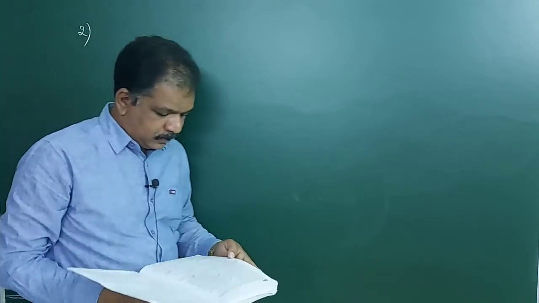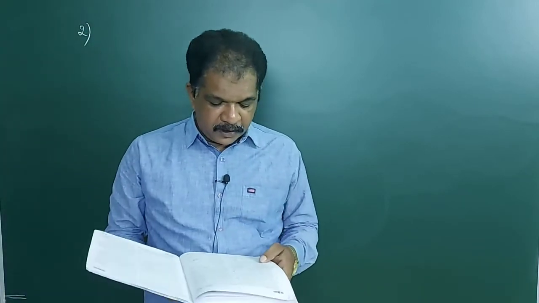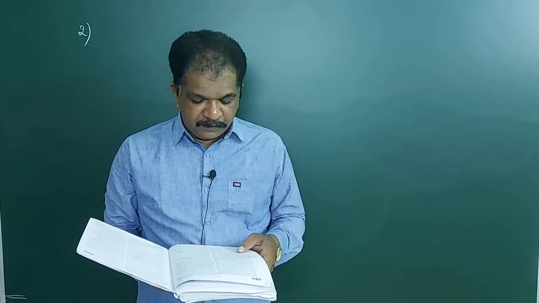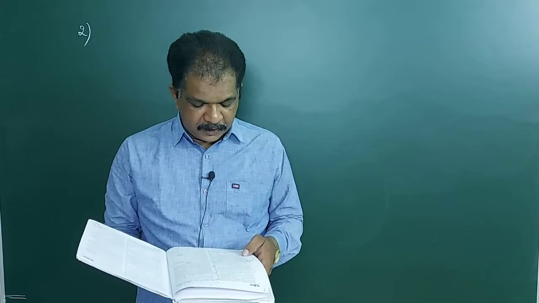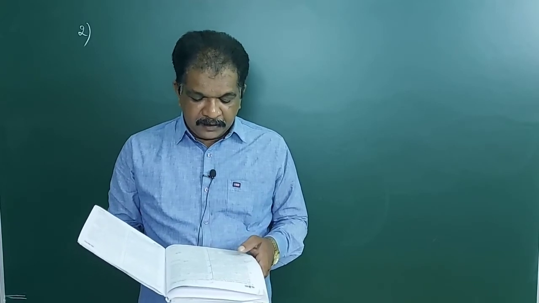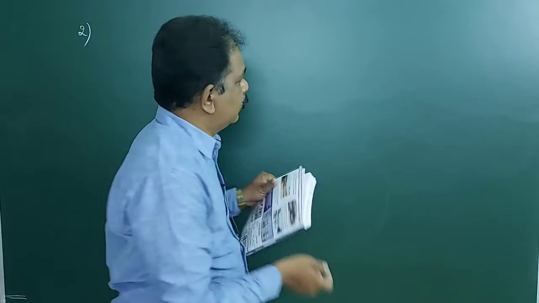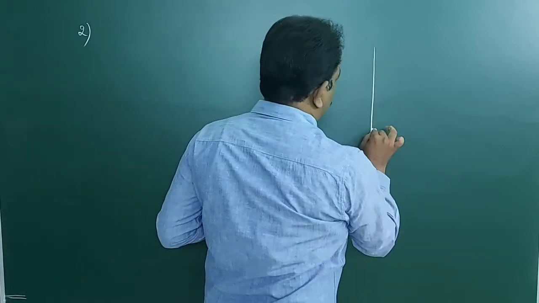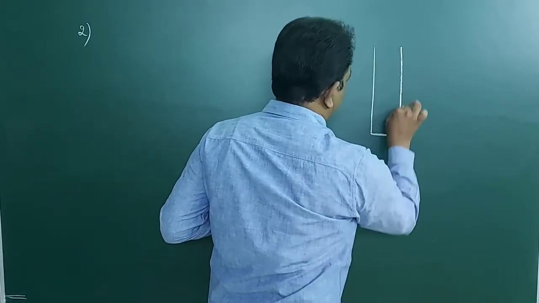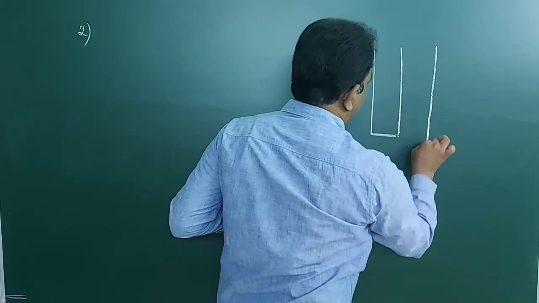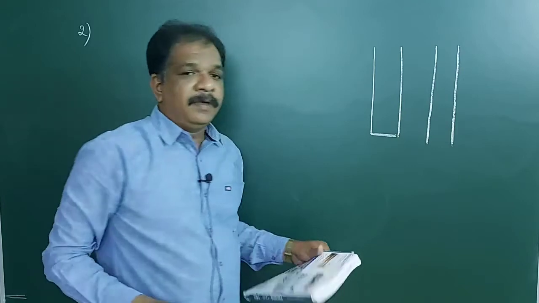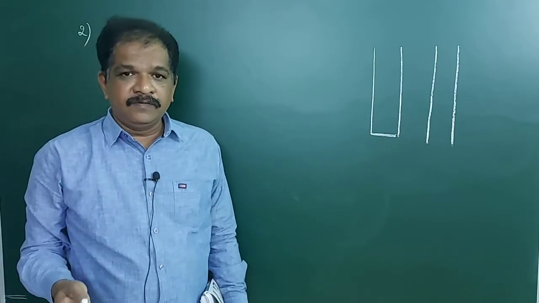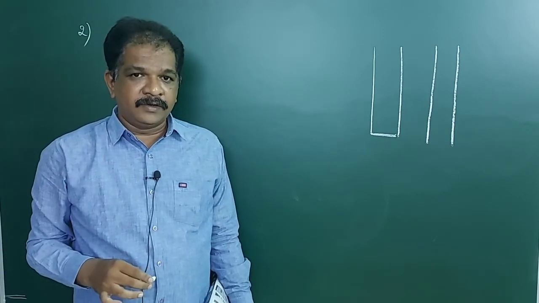What they are asking. Closed organ pipe and open pipe of same length produce 2 beats per second while vibrating in their fundamental modes. This will be closed pipe. This will be open pipe. Closed and open, they are producing different fundamental frequencies.